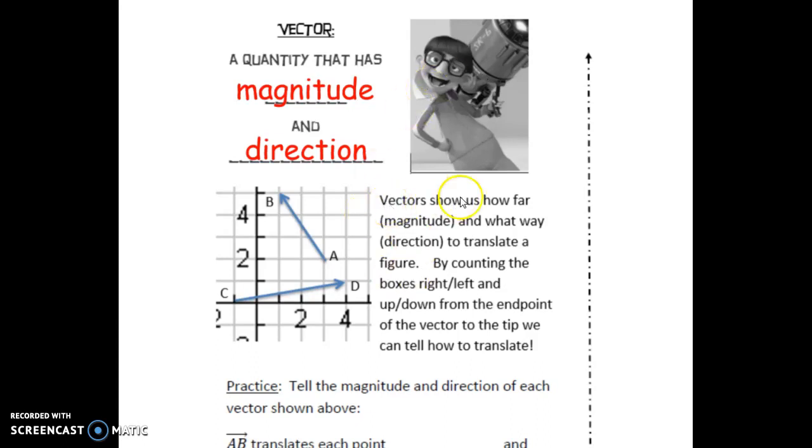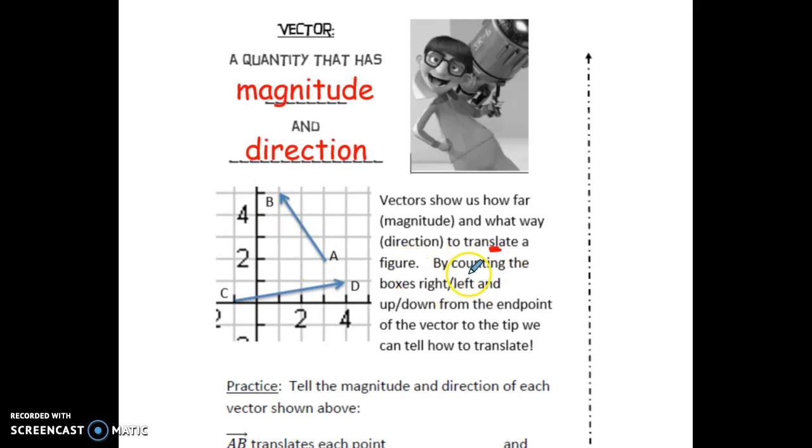So, first of all, a vector shows us how far, that's the magnitude piece, and what way or direction that we translate a figure. We talked about translating in our last lesson. We're still talking about translating, but the notation they give us is sometimes a vector, and being that it's an arrow pointed in one direction, it will hopefully help us remember that we are still sliding.